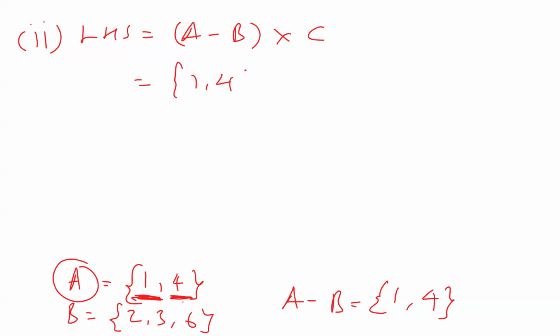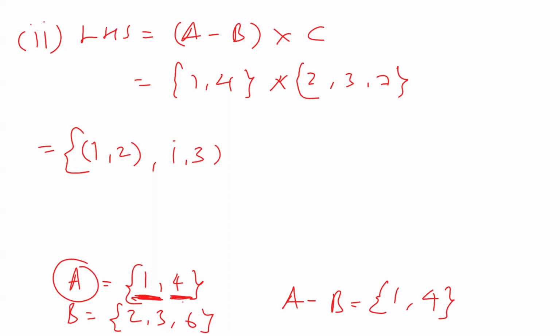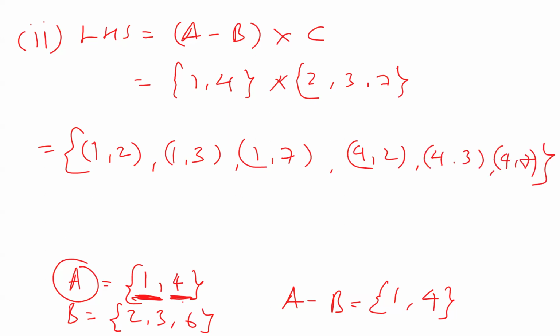And C. C is nothing but 2, 3, 7. So this will be 1, 2, 1, 3, 1, 7, 4, 2, 4, 3, 4, 7. This is your LHS. Okay. Let us start with RHS.